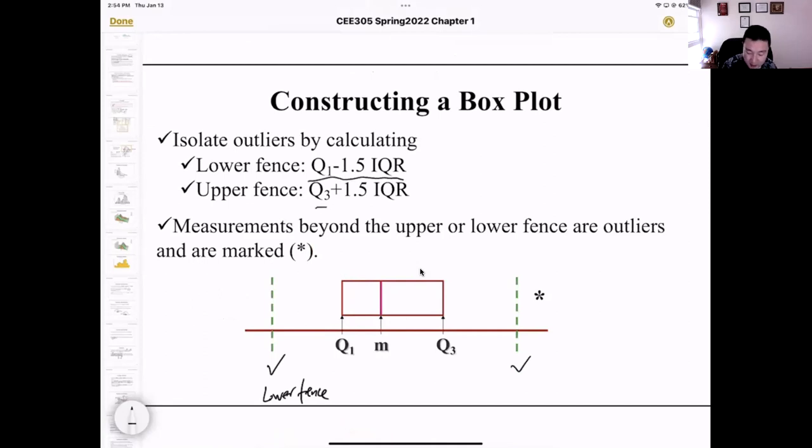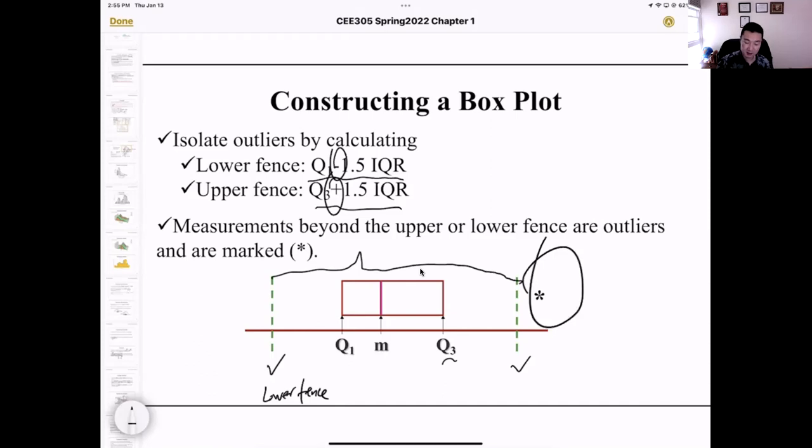The upper fence is the third quartile plus 1.5 IQR. Pay attention to the sign here. So that's the fence. An outlier is defined as values outside that fence. Anything outside that range is an outlier, such as this, or here.